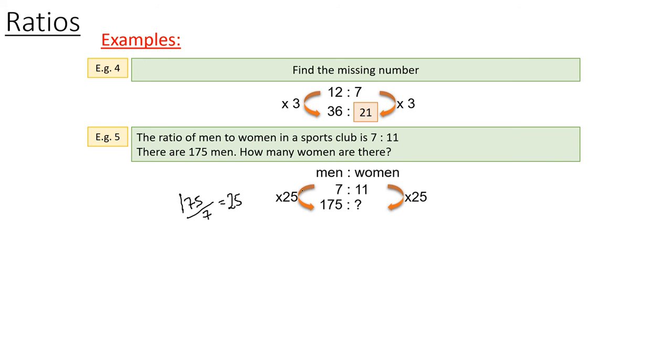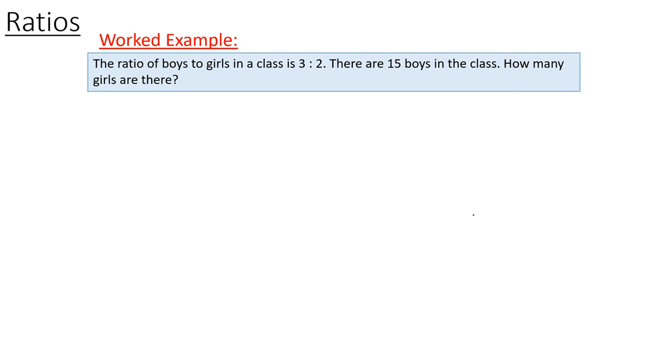Then we know that 7 times 25 gives me 175. So now what I need to do is 11 times 25, which gives me an answer of 275. So there are 275 women in the club.